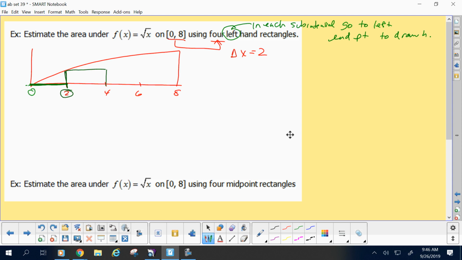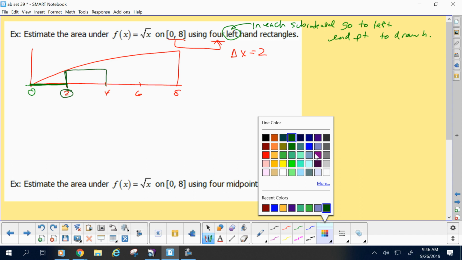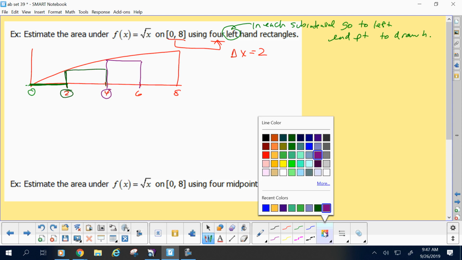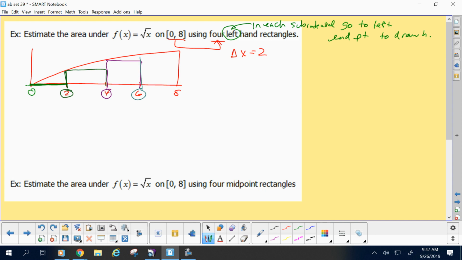Which actually is great, because if you could fence in a true value with an under and an overestimate, all the better. Now you've got a region for it. All right, let's go to 4 to 6. I use the height at 4, and I draw over towards 6. And then finally, I go from 6 to 8, drawing at 6, and I go over to 8. So every area should be a little under. You agree? Yep. Yeah. All right.